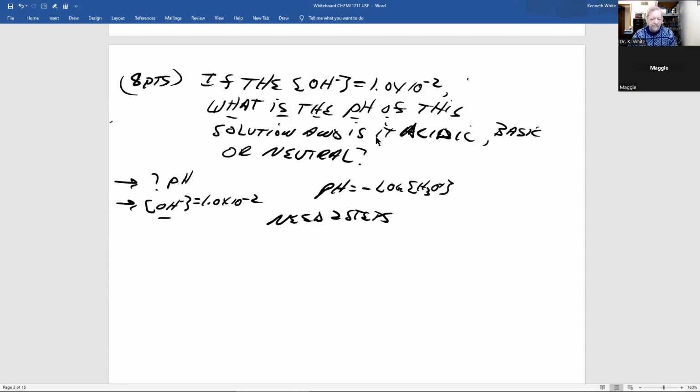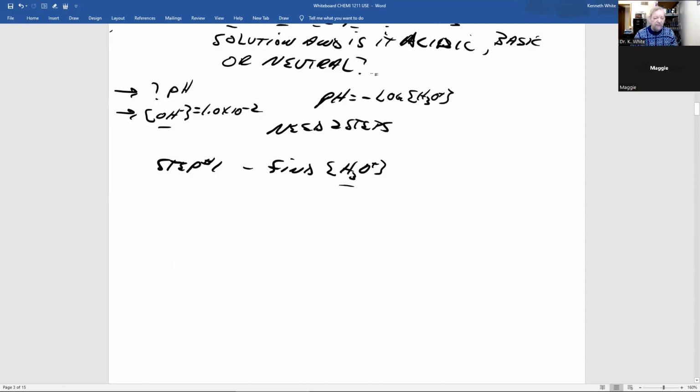Since we need the hydronium ion concentration, we've got to find it. And how do we find it in step 1?